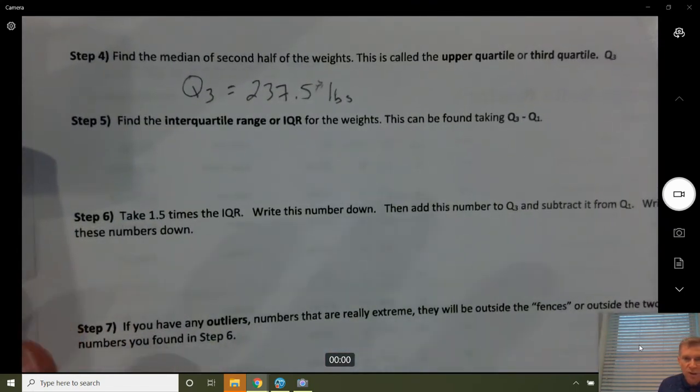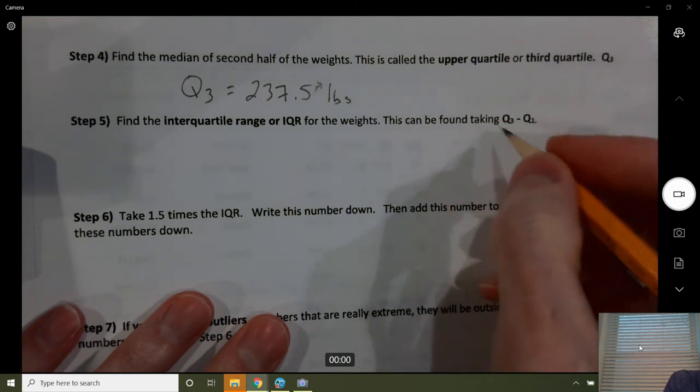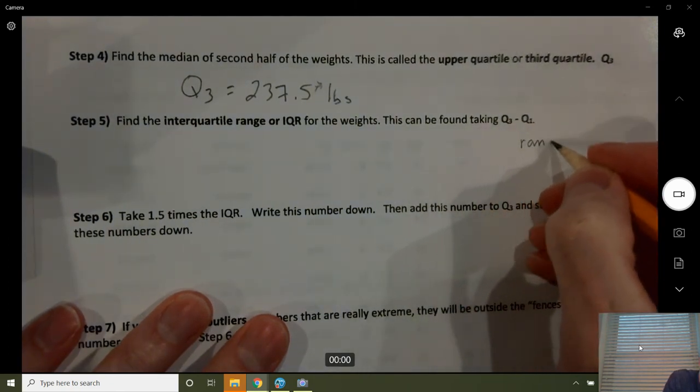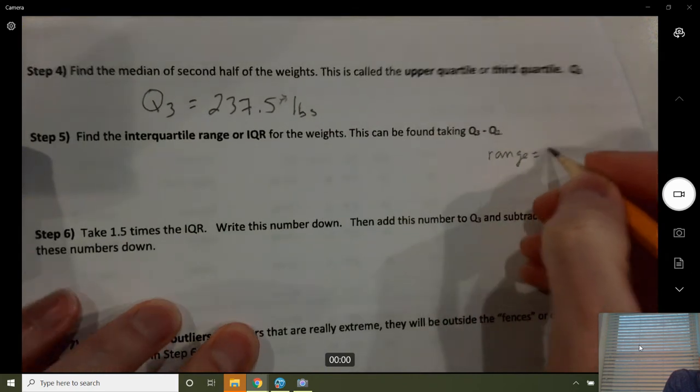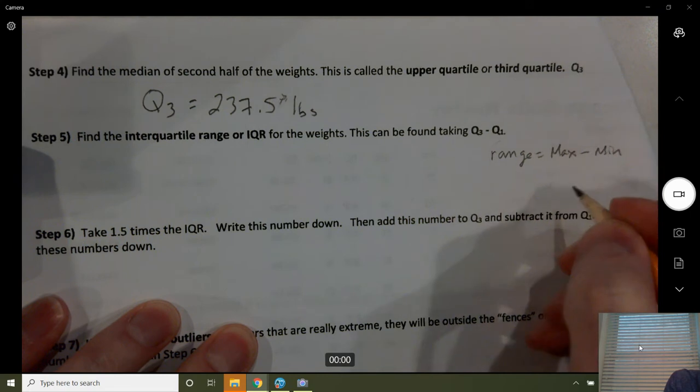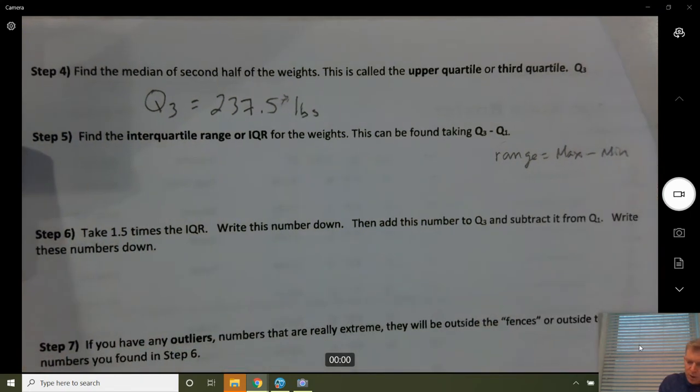Okay, so the interquartile range is that range. First of all, the overall range goes max to min. So why don't we just do that off to the side? The range, which we saw before, is the max minus the min. Okay, the max was, let's look at our calculator.